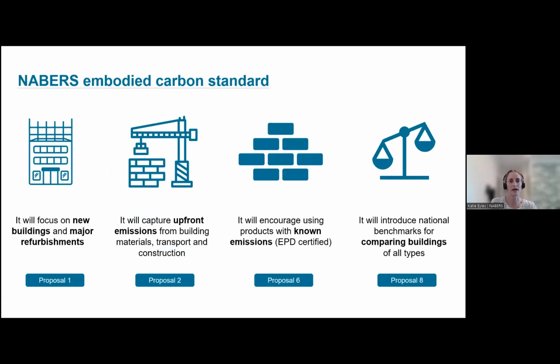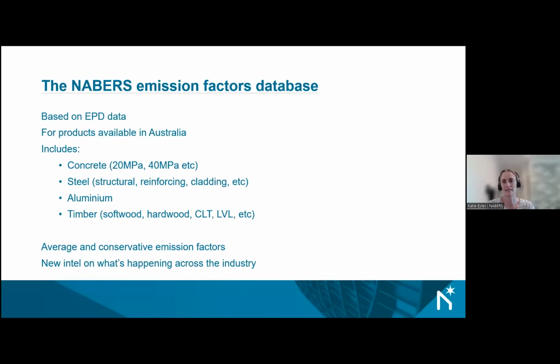I'll also mention that we will keep this up to date over time, because it will be necessary for getting a NABERS rating to use these default figures if you don't have EPDs. So it will always be based on the latest data available.